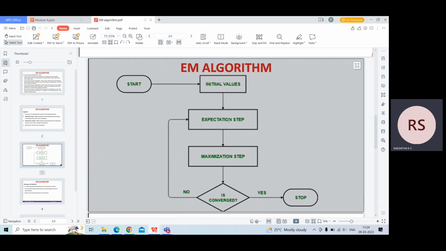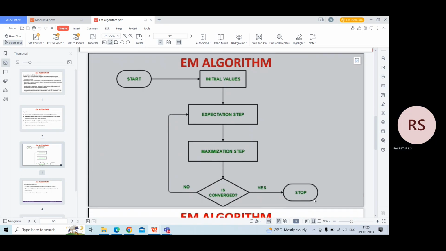If the expectation is correct, then we move to the maximization. If the maximization gives convergent data, then you start the execution of the EM algorithm. If it is no, then we need to enter the value so that we can test the data.